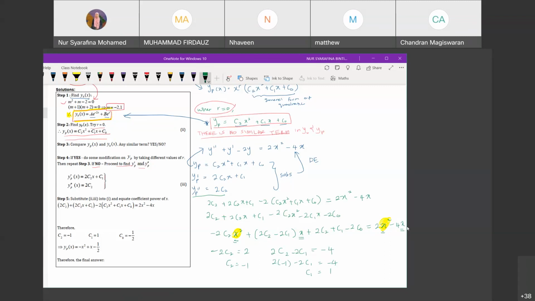The next one is a constant. Is there any constant in the right hand side? No. Then just equate them to 0. So now you have your c2 and your c1, then you can find your c0, which is minus 1 over 2.